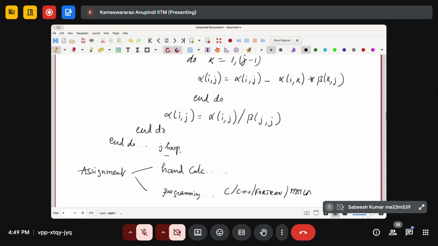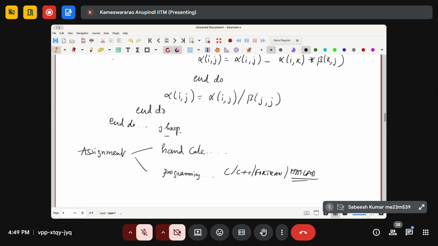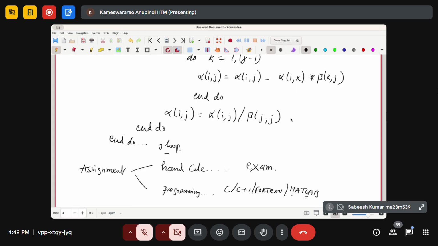The programming part is not going to be tested again in the final exam, so you should get all the programming concepts and doubts cleared while you do the assignments. The hand calculation part is important because it is useful in preparation for the exam, since the exam will be full of hand calculations or derivations following a similar pattern. So that is not an issue.